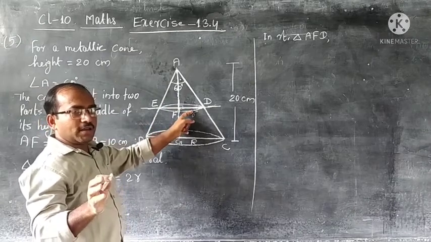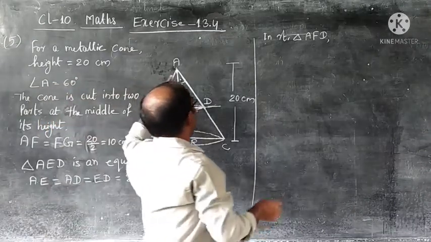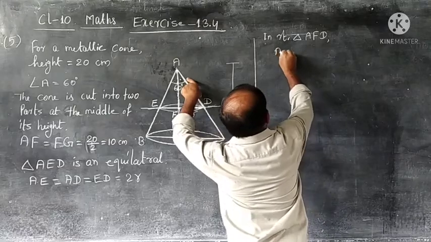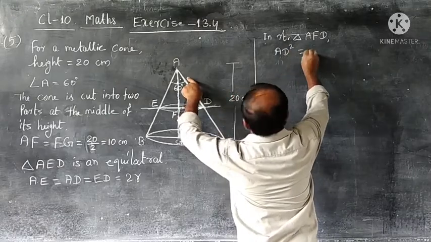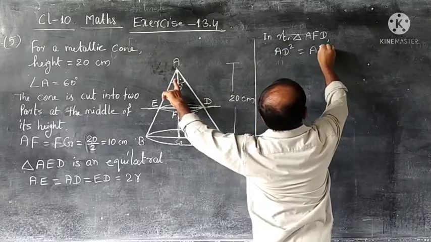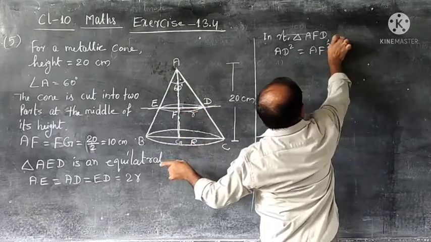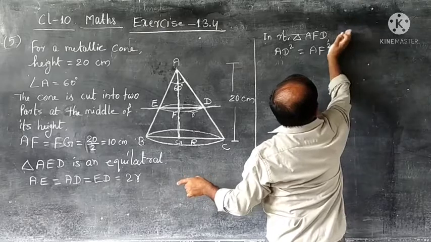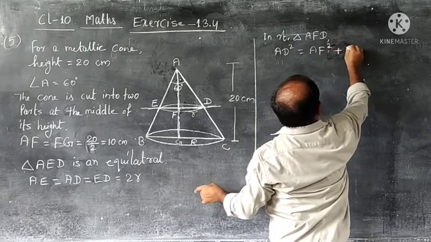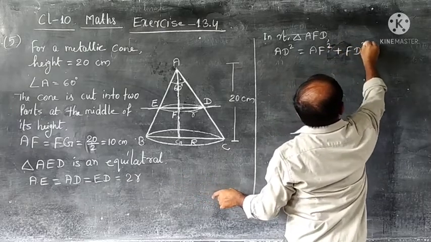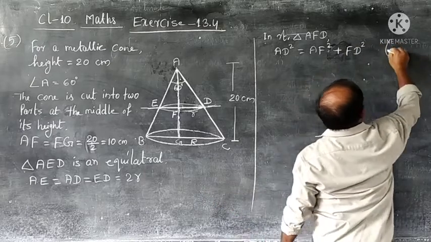I hope you are getting the idea what we are going to do now. So AD square is equal to AF square plus FD square. How did we use it?